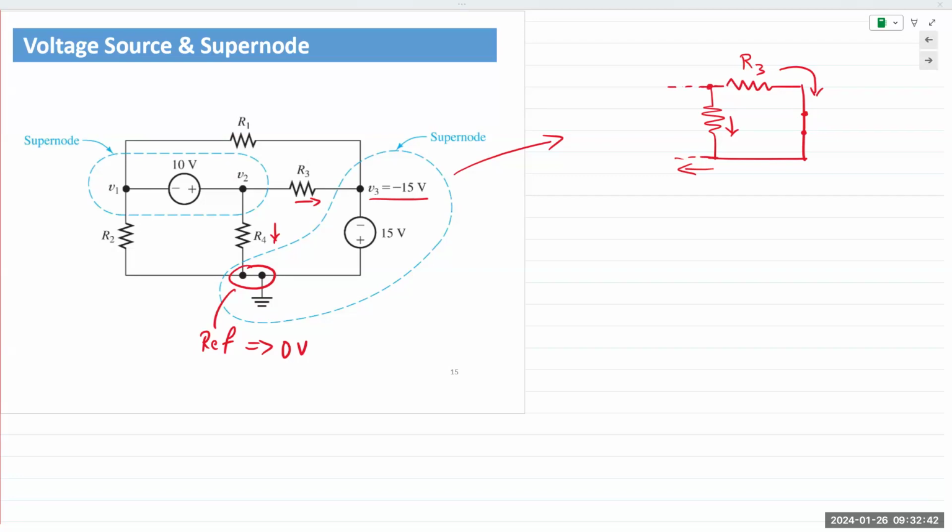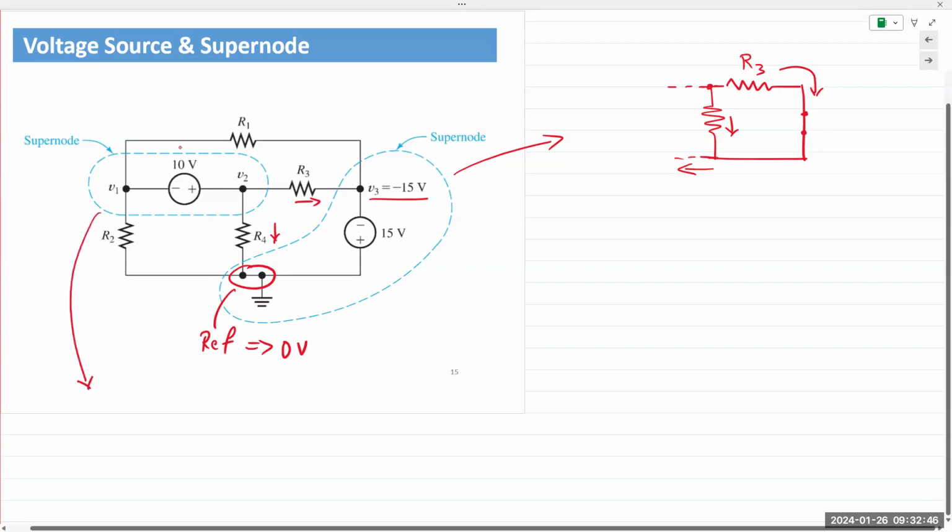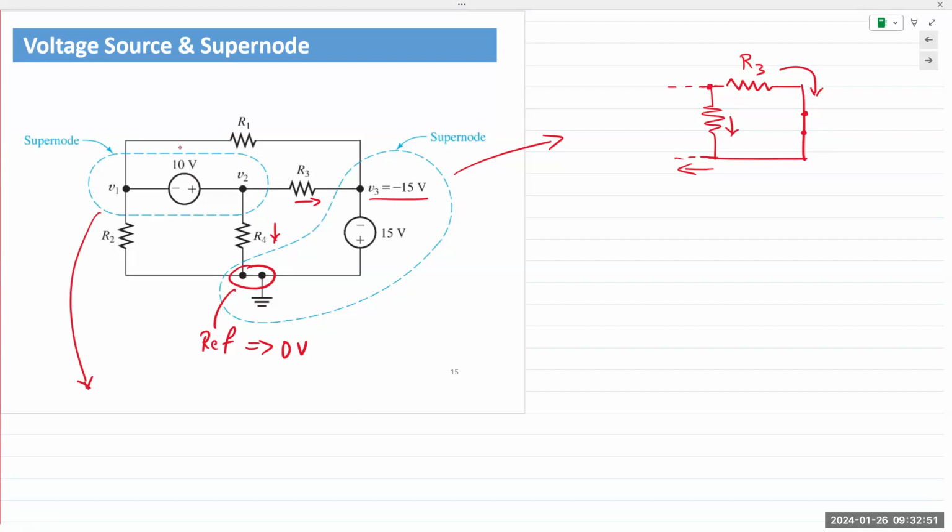Then with this other source, like a 10-volt source right here, I can short it out. But before I do that, I can generate an extra equation, a relationship between nodes V1 and V2.